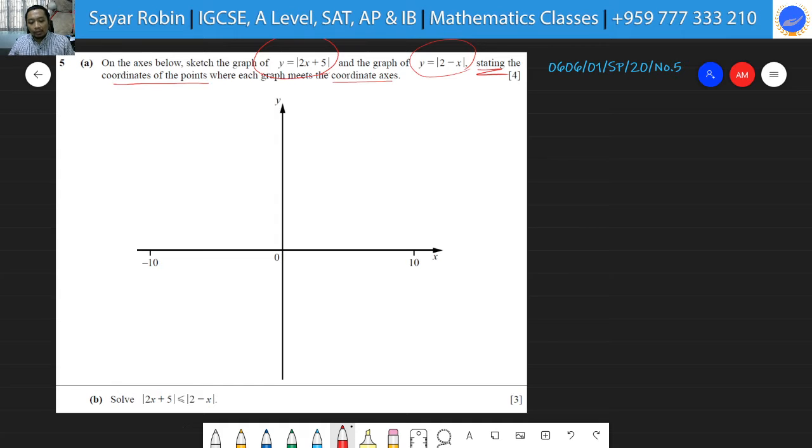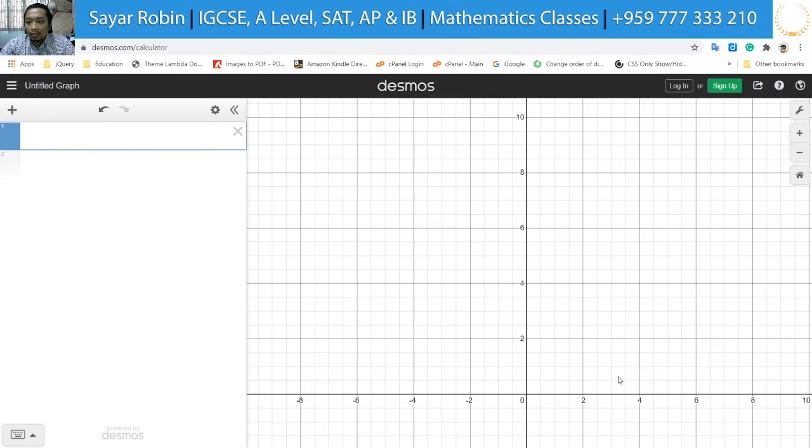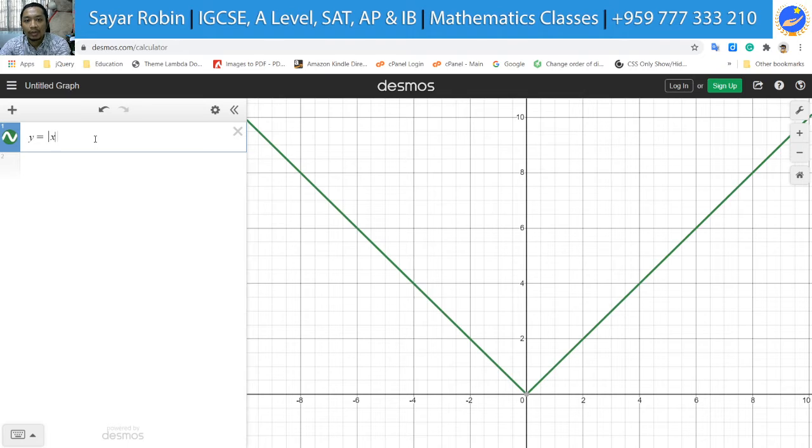before we get into this topic directly, we have to know some properties of the absolute value functions. So I'm going to show you the main properties of the absolute value functions in this problem. Well, here we go. This is Desmos, you can find it on the internet. For example, y is equal to modulus of x.